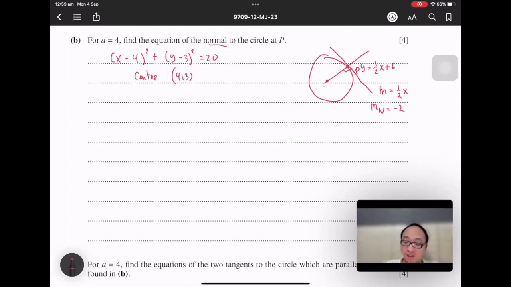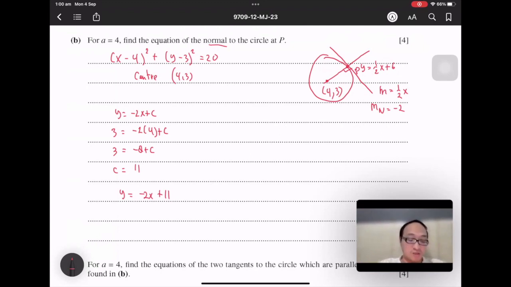And since the line passes through the center coordinate, we can construct the equation of the line y equals minus 2x plus c using the center (4, 3). So 3 equals negative 2 times 4 plus c, equals negative 8 plus c. So c equals 11. So that means y equals minus 2x plus 11. That's for the B.